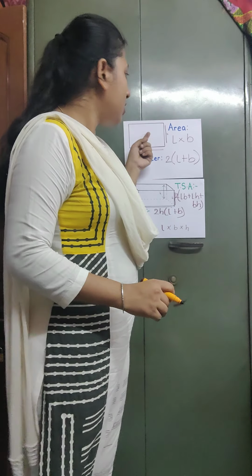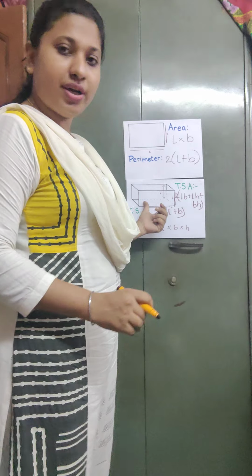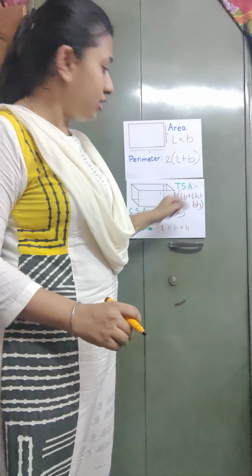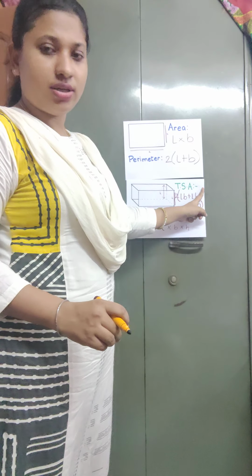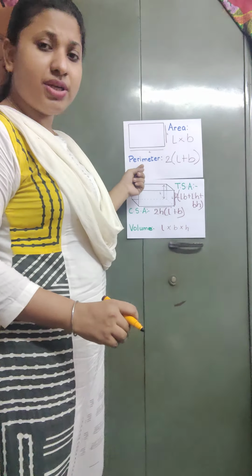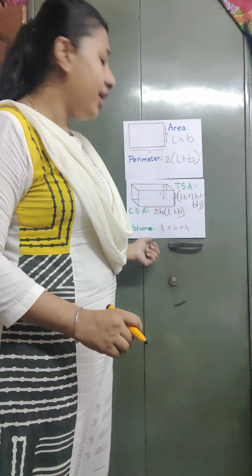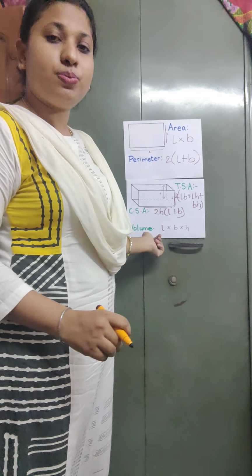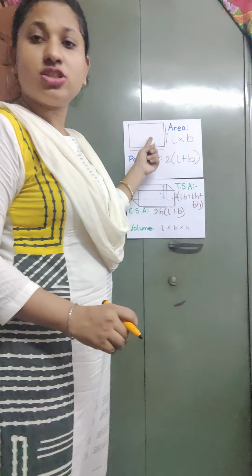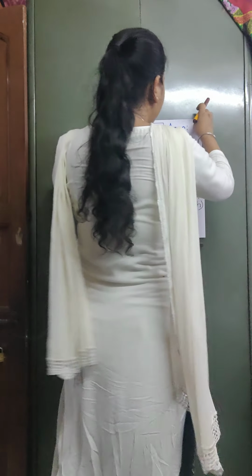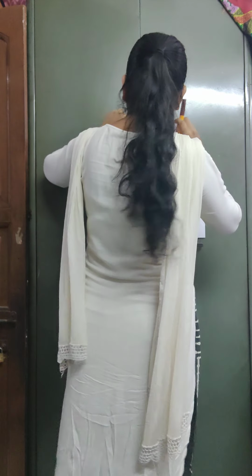The difference between a rectangle and a cuboid is that a rectangle has area and perimeter, while a cuboid has total surface area, curved surface area and volume because it occupies space within. Okay, now let's go to the triangle.